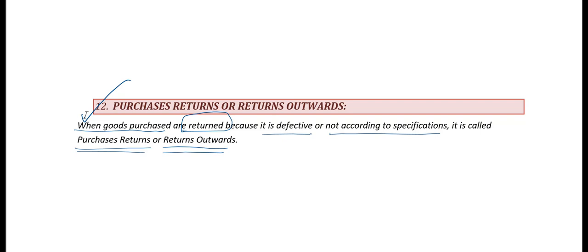So we said the term purchases is used when goods are purchased for the purpose of resale. Now the purchaser of the goods finds that the goods purchased are defective, then he will return what has been purchased. And in this situation, the term used is purchase returns or returns outwards.